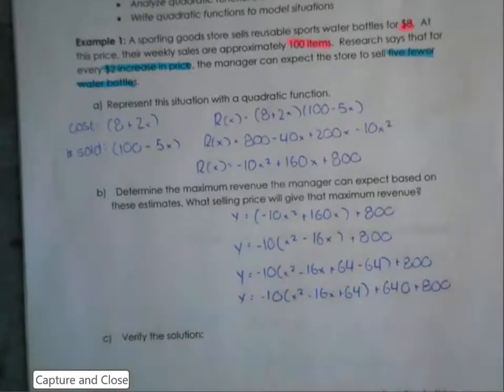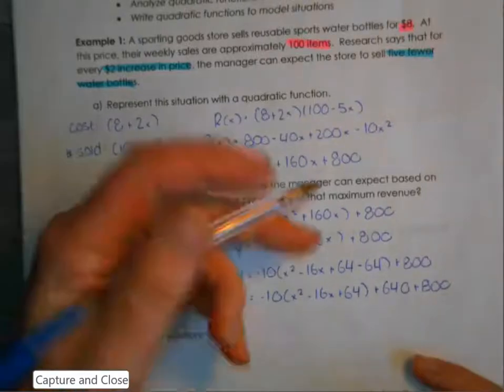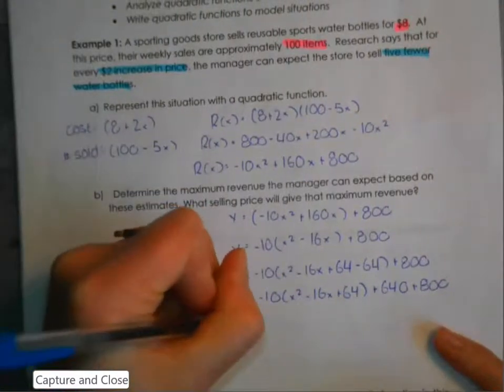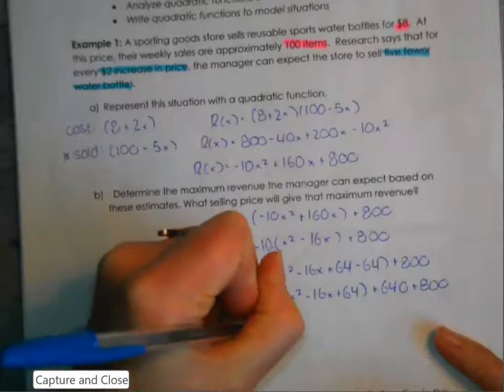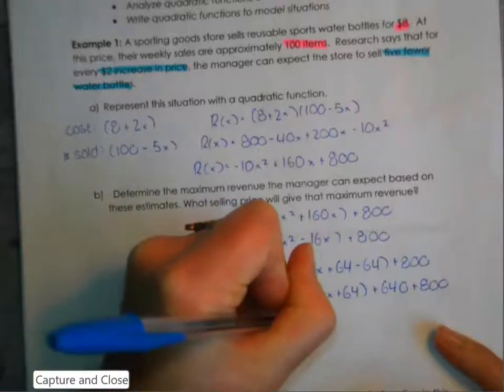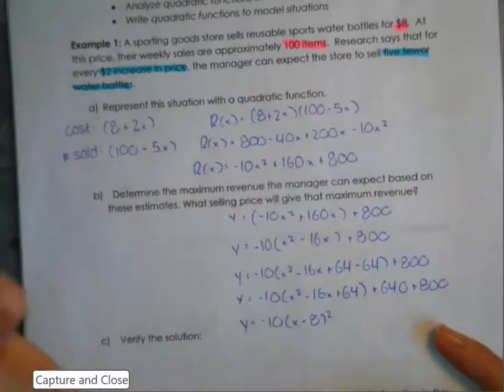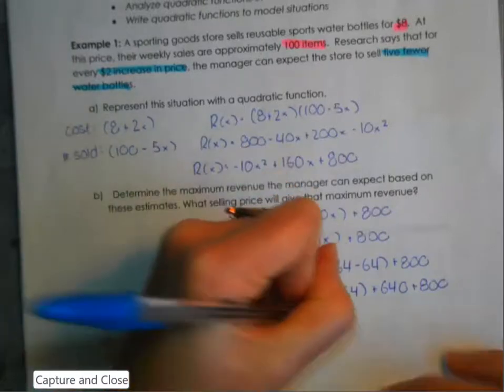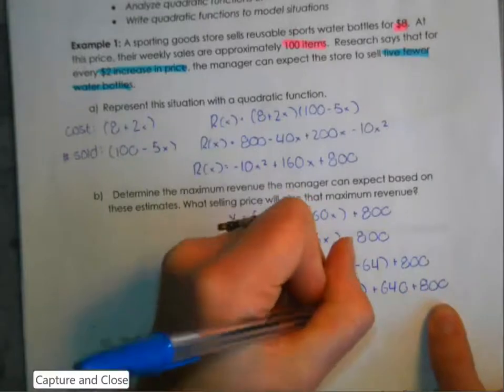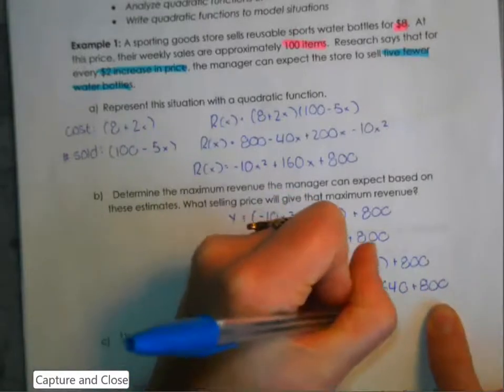Well, it has to be negative 8 to get to negative 16, right? And so now we can say y is equal to negative 10 times (x minus 8) squared, because that's what we just figured out it would have to be. And then plus 640 plus 800, which gives us 1440.